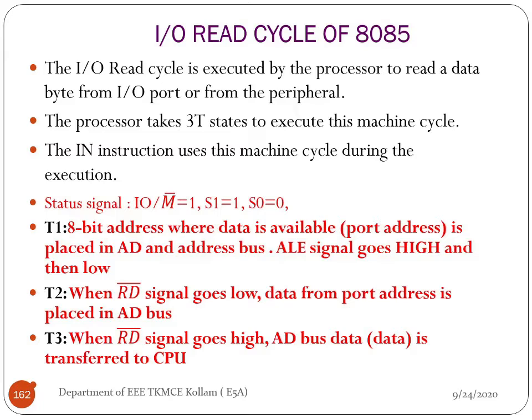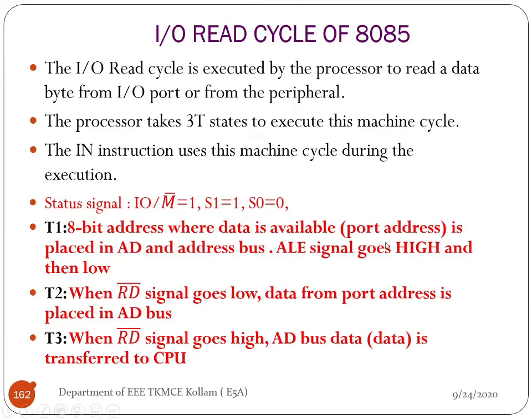So whenever the RD bar signal goes low during the second clock cycle, data from the port address is placed in the address data bus. And during the third clock cycle, when the RD bar signal goes high, the data available in the data bus is transferred to the microprocessor, that is, the CPU.